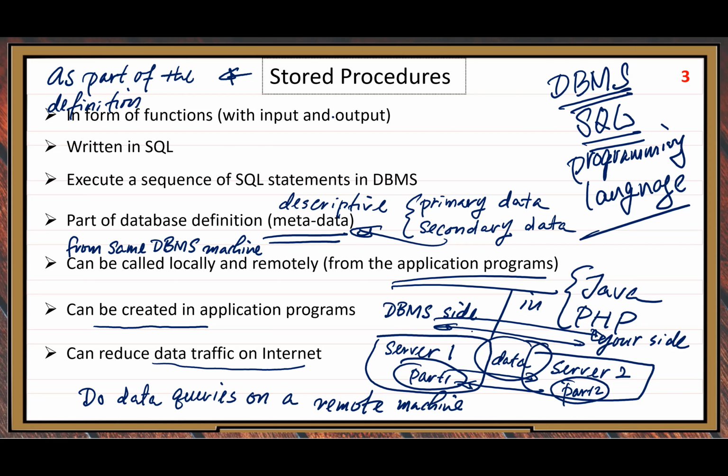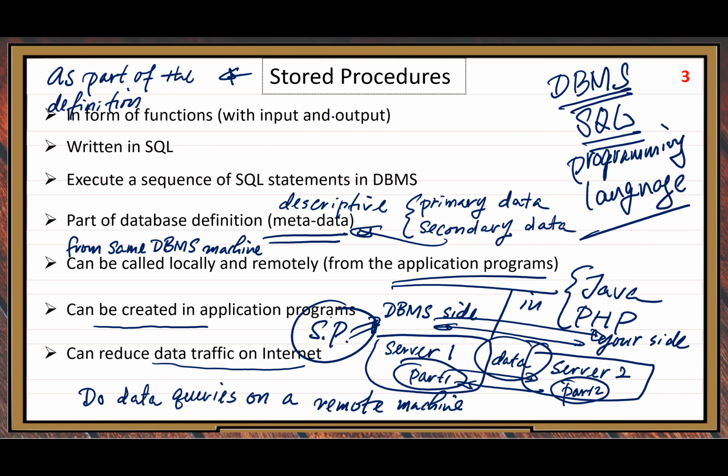Do not send us intermediate results or intermediate data. Only send us the final result. That's all we need. So you can do that with a stored procedure, because a stored procedure is a program, and the program can do a lot of manipulation, right?